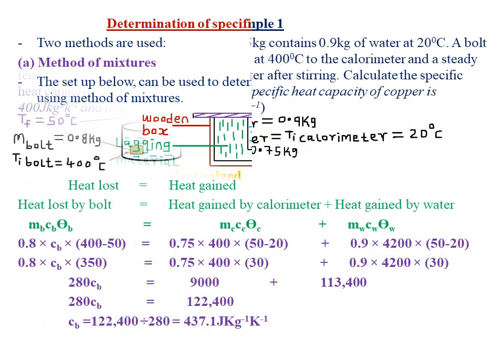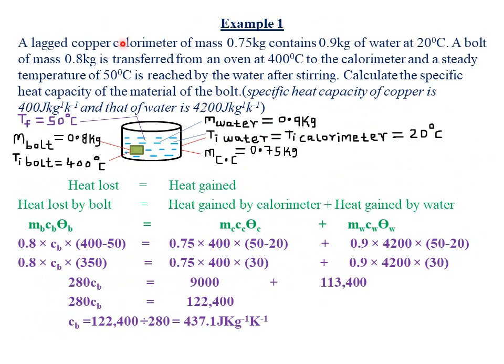Next, we look at our first example. First, we simply highlight the key information provided by the question. We are told that a lagged copper calorimeter of mass 0.75 kg, so I simply represent it as the mass of the copper calorimeter, contains 0.9 kg of water, so the mass of water is 0.9 kg, at 20 degrees Celsius.